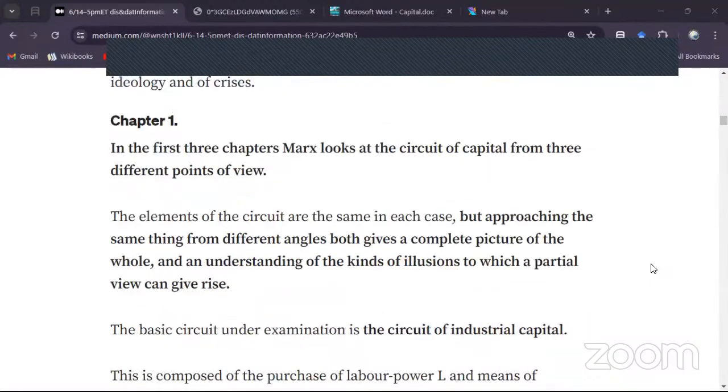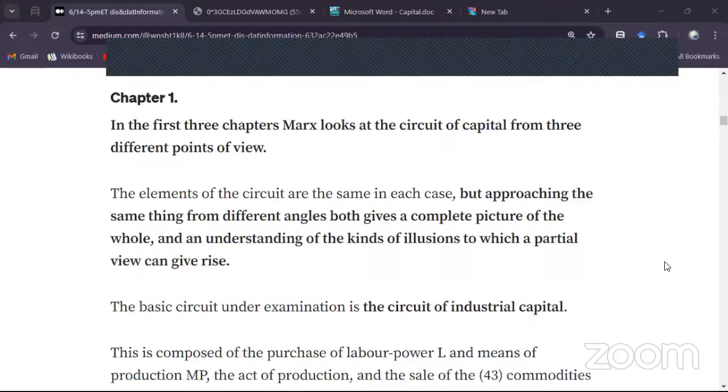This is totally unlike Volume 1, where you spend all this time fiddling around with the first chapter. We're in Volume 2, and the first chapter kind of describes the different angles and the kinds of illusions that partial views can actually create. And so the basic circuit under examination is the circuit of industrial capital.